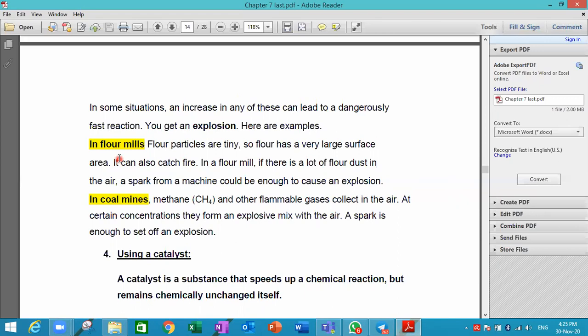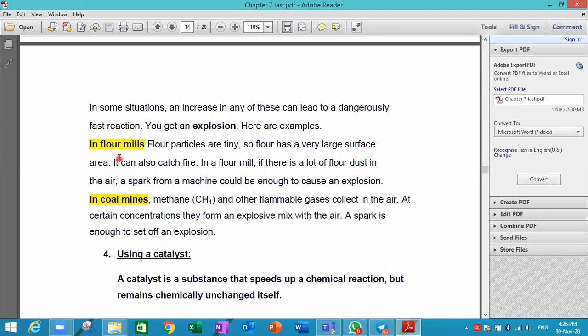In flour mills, there is a lot of flour dust in the air, and any spark from the machine could be enough to cause an explosion because the flour is very, very tiny particles.